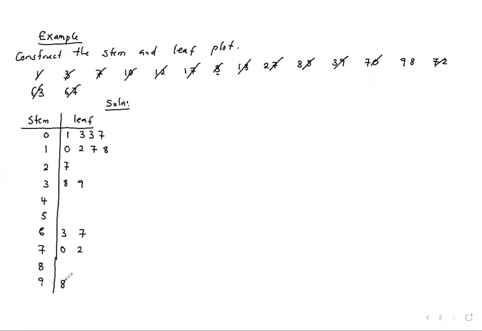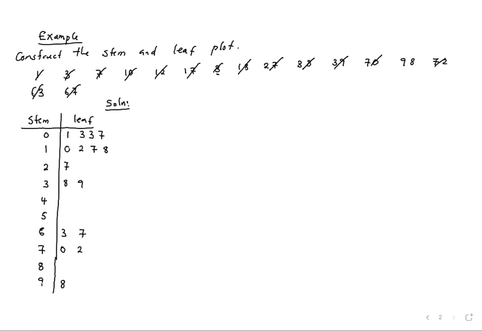On the stem, you don't skip any. You list all the stems. On the leaf, you don't put anything if that number does not appear, because if you put 0, you're saying there's 40. So now, this is the stem and leaf. It's even ordered.